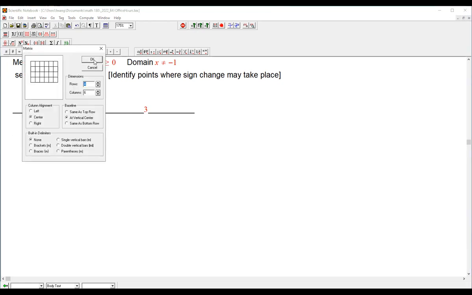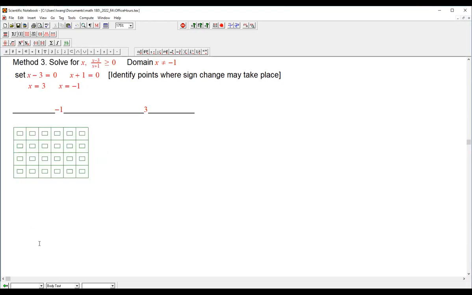So we set up our table and we have our intervals, which is very similar to the method we did earlier. These intervals are, of course, from -infinity to -1. Because -1 is not in the domain, here we have parentheses instead of brackets.